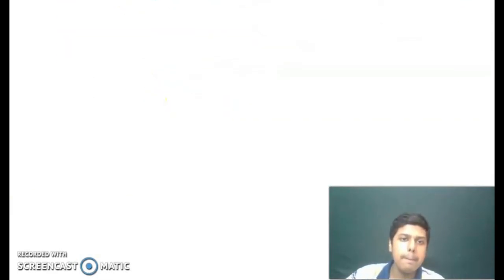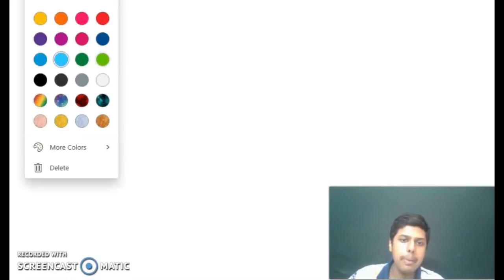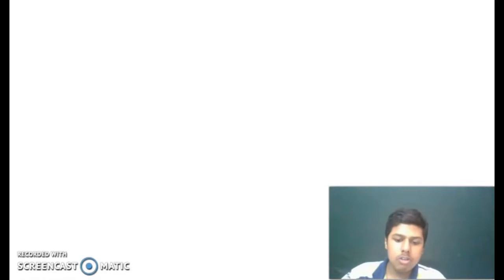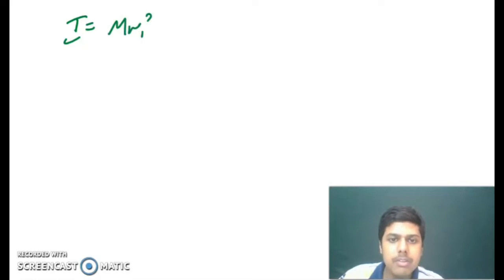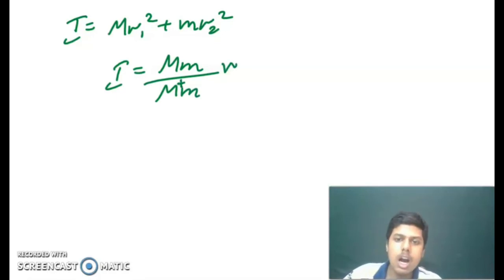See, now moment of inertia can be written as m r1 square plus m r2 square, or the moment of inertia can also be written as capital M small m divided by capital M plus small m into r square, right?